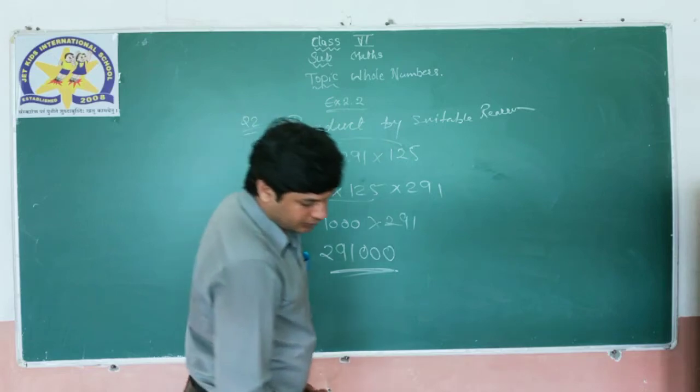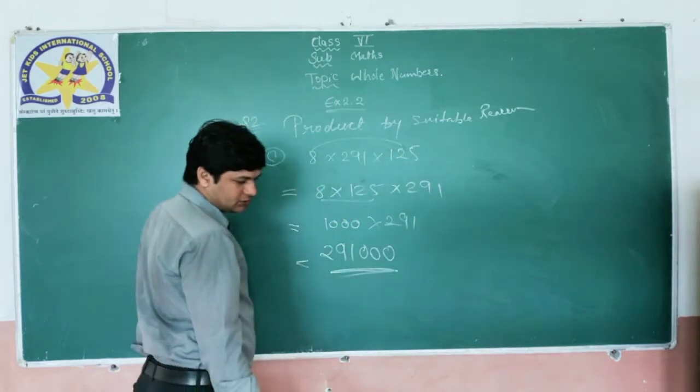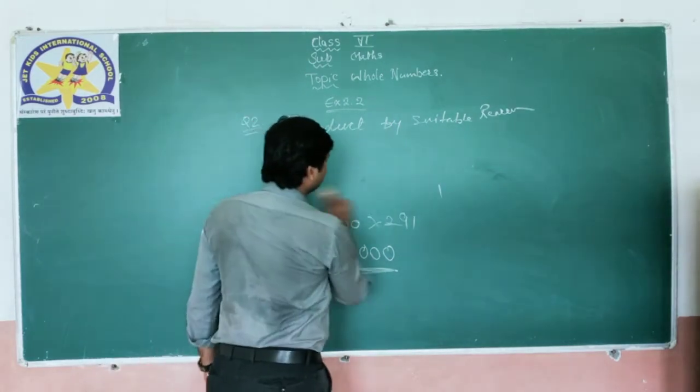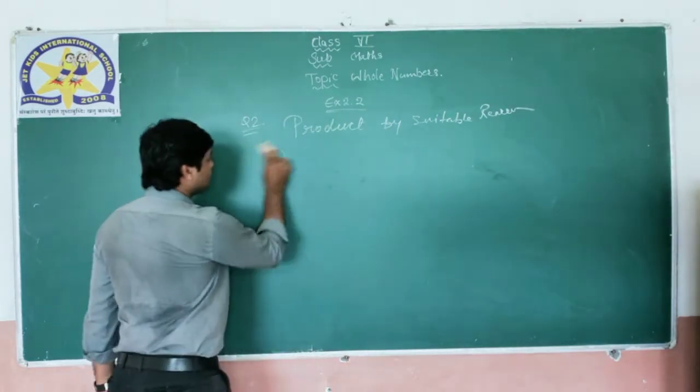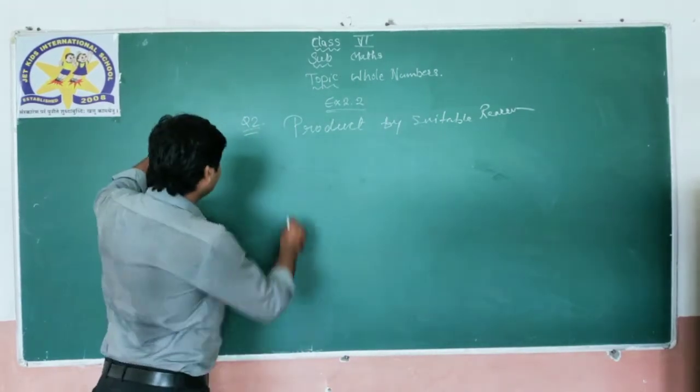Okay. Now let us take 625 multiplied by 279 multiplied by 16. Now real problem, important problems of rearrangement.